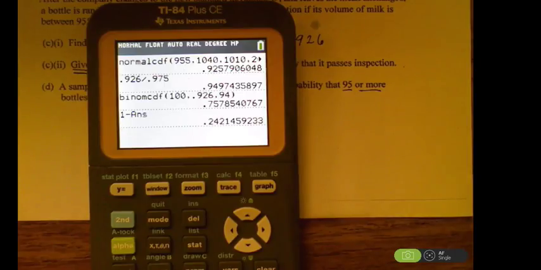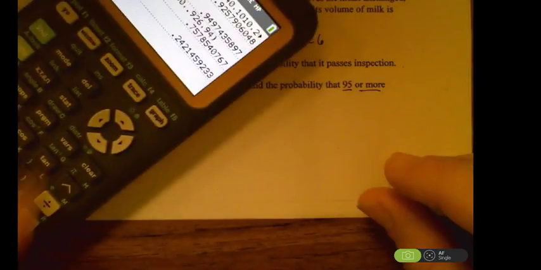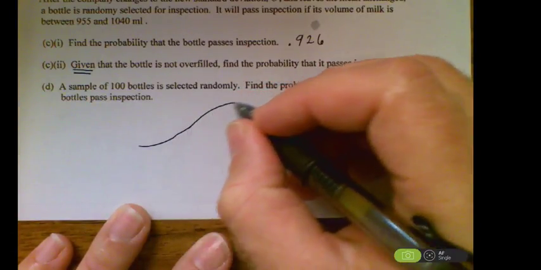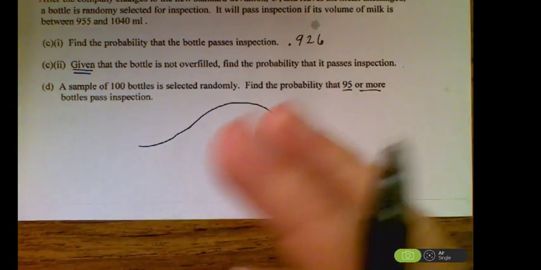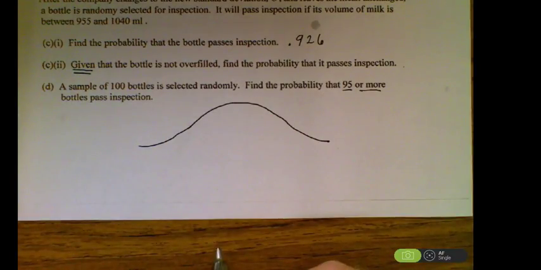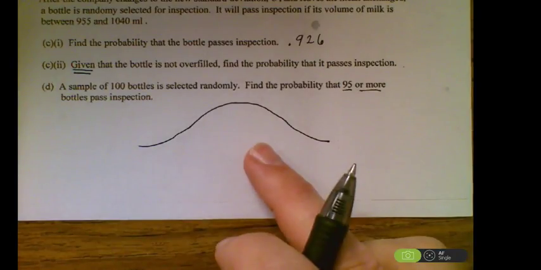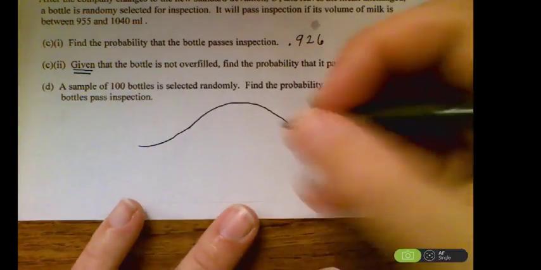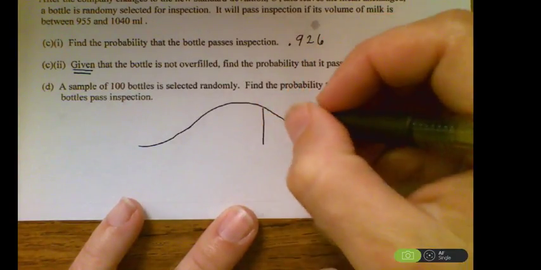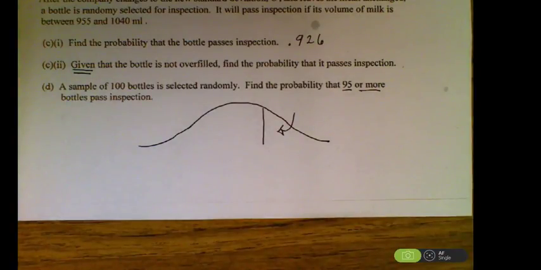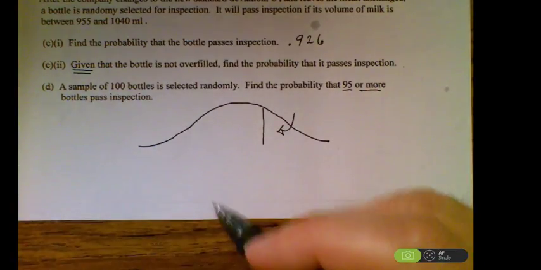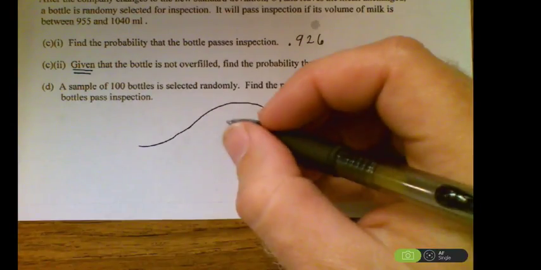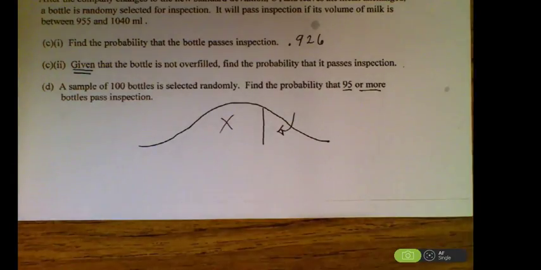Keep in mind, one thing that typically helps is if you ever give yourself a little drawing, that sort of helps you keep in mind what you have and what you're working with. Since the calculator typically, in most cases, works with everything to the left side, it helps to identify what you have and what you need to answer the question appropriately. So we were looking for that 95 or more, which was this area right here. But the way the calculator works with a binomial CDF or inverse normal and things like that is your calculator always works with this area to the left of your value.